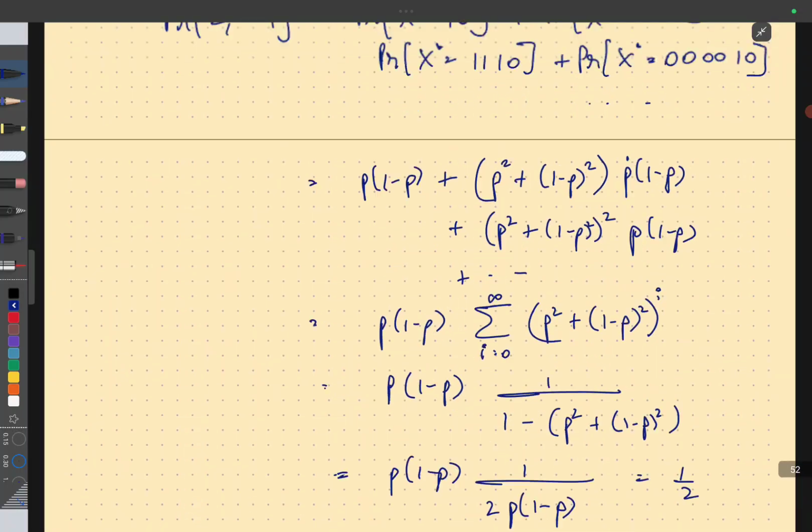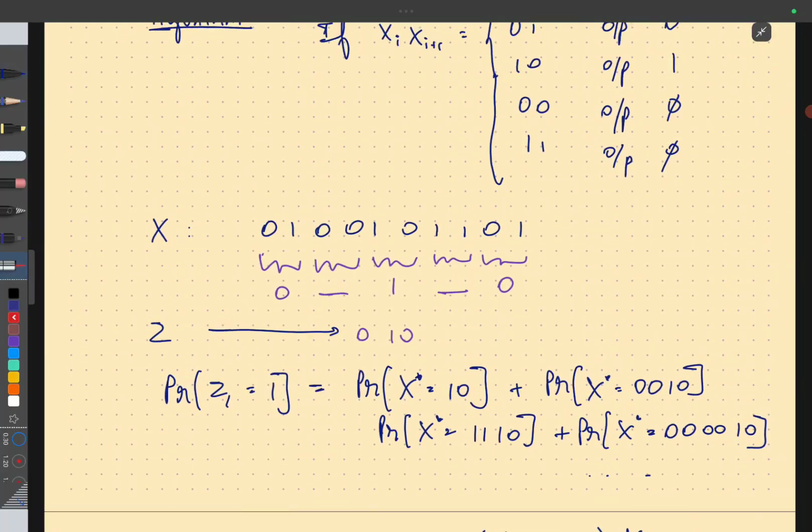So in this toy example, I could generate 3 zi's from 10 x random variables.